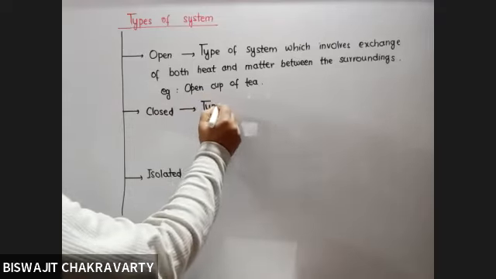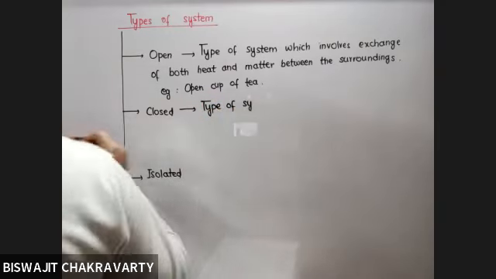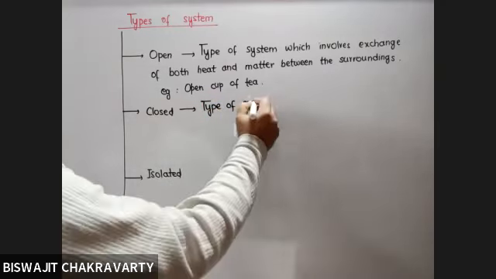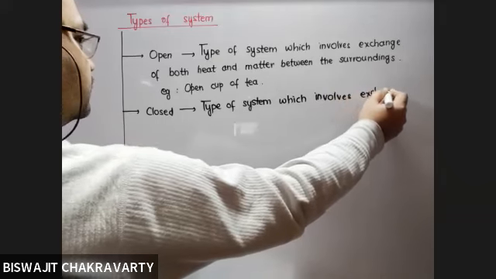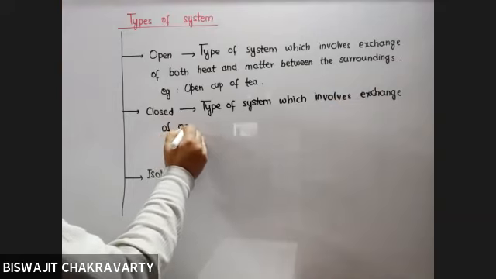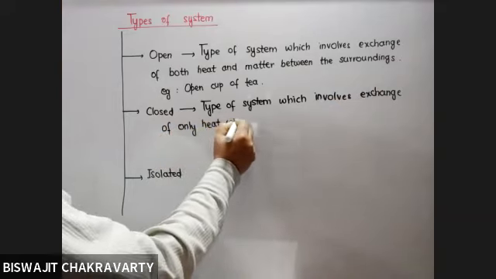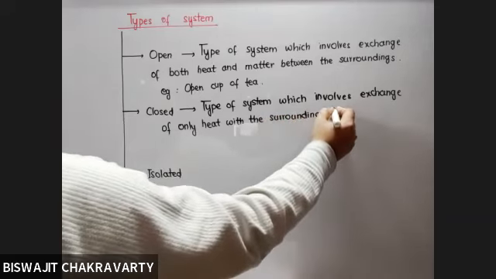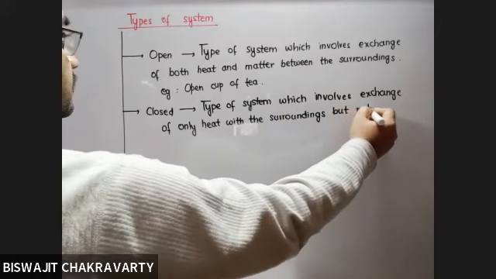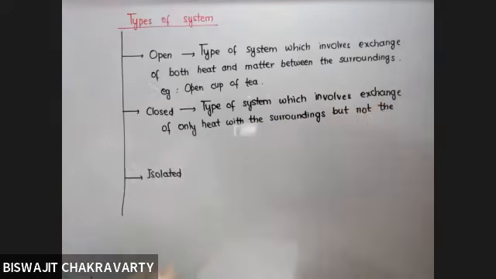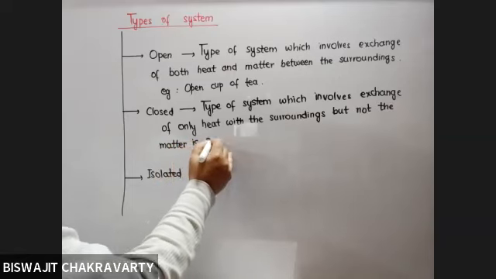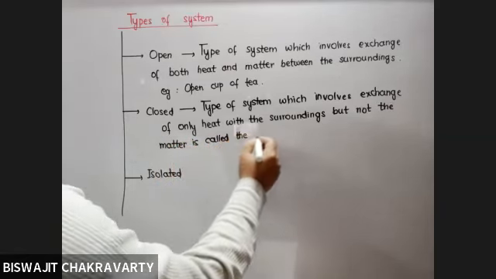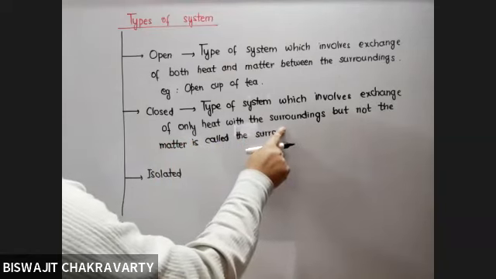Therefore we can say that the type of system which involves exchange of only heat with the surroundings, but not the matter, is called the closed system.